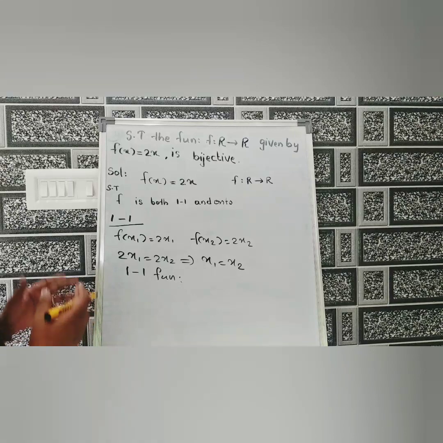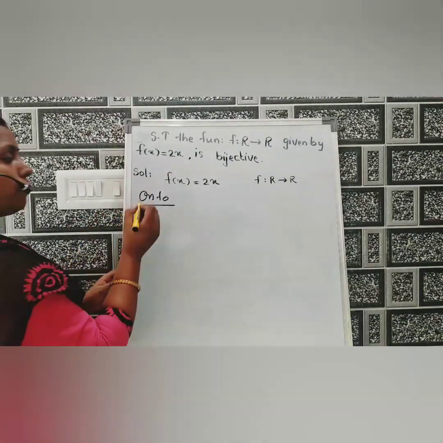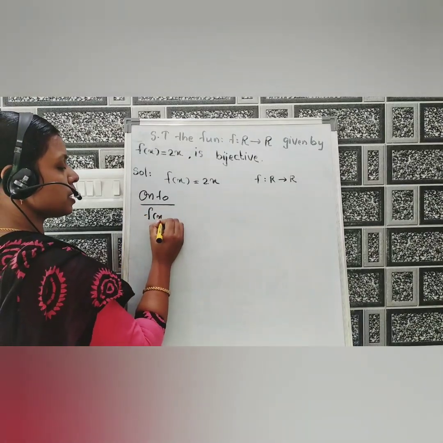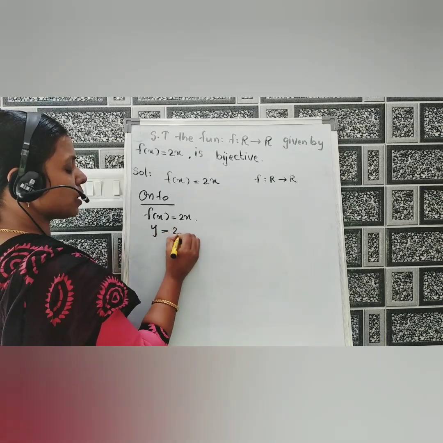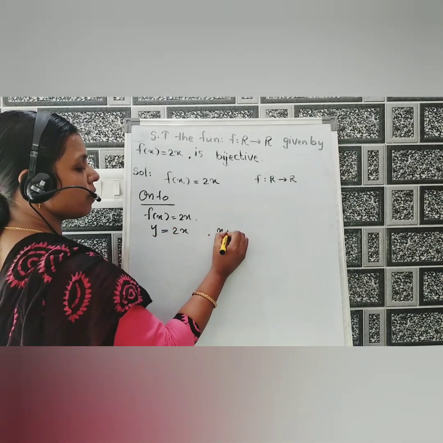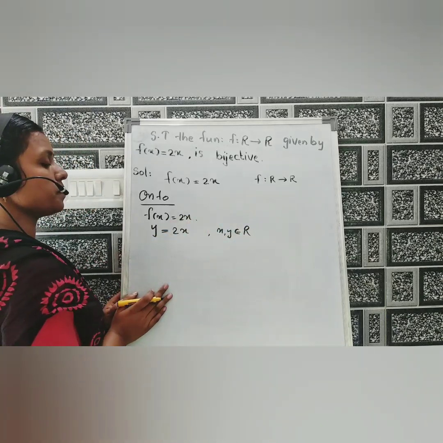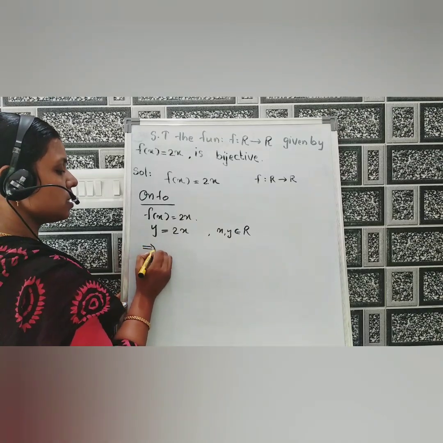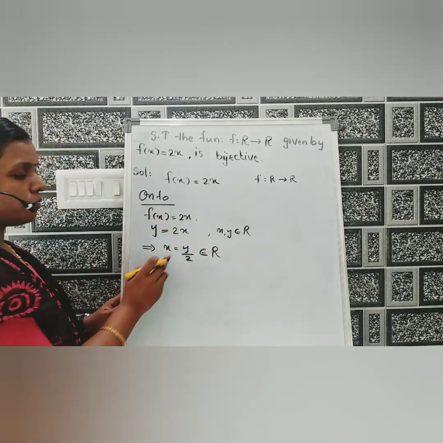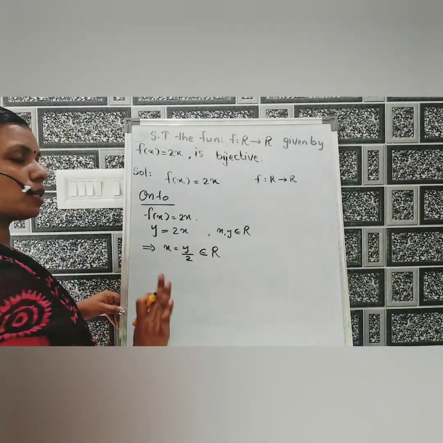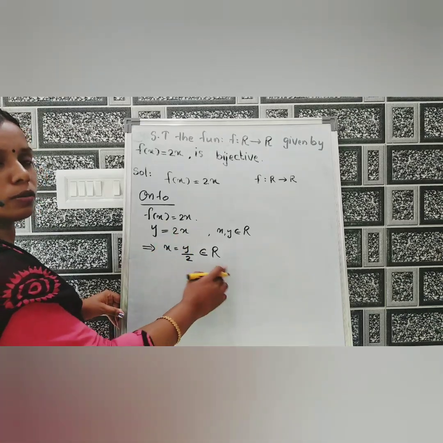Next we have to check whether this function is onto. Here f of x is equal to 2x, that implies y equals 2x, where x and y belong to the set of real numbers R. Now from this we write x is equal to y by 2, which belongs to R. If we take y is equal to 3, we get 3 by 2, that is 1.5, which belongs to R. If we take 2.5 divided by 2, it is also a real number.